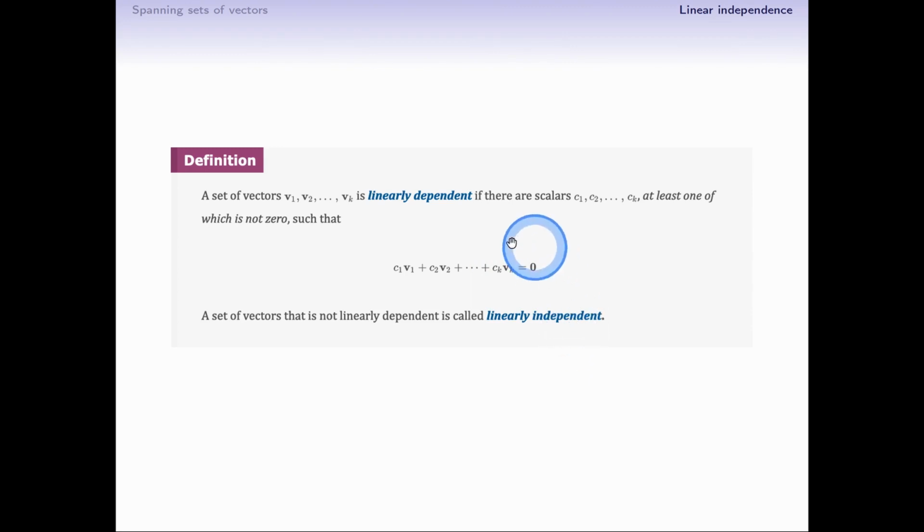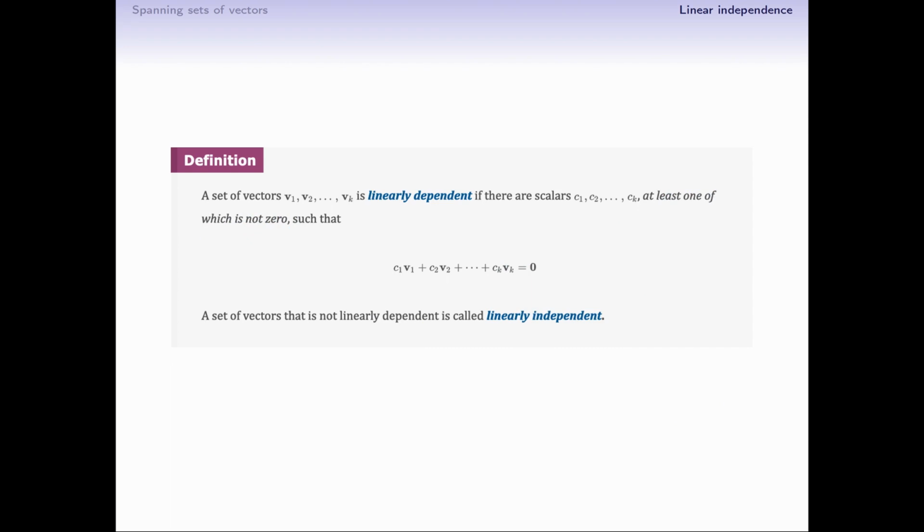In other words, there's a way to combine these vectors. There's a linear combination of these vectors that brings us to the 0 vector in such a way that at least one of the scalars is not 0. So that's the definition of linearly dependent.